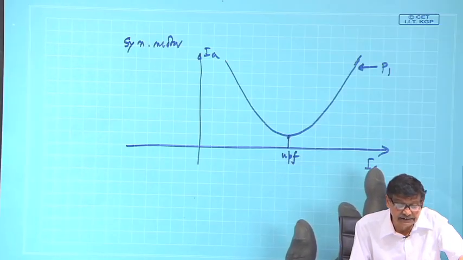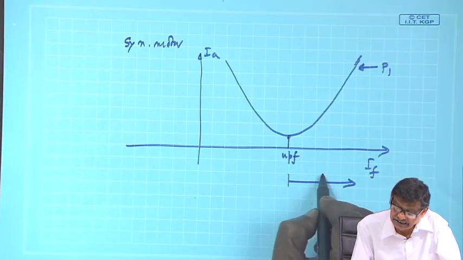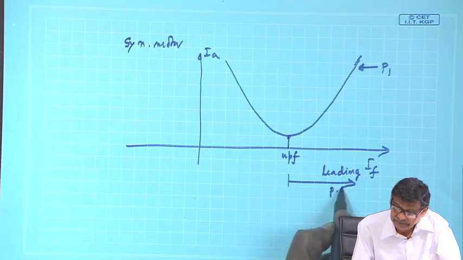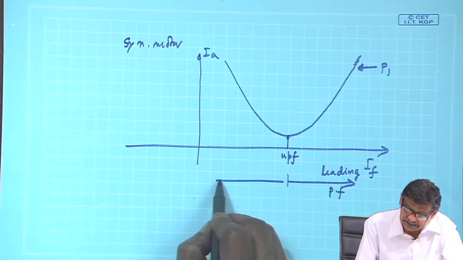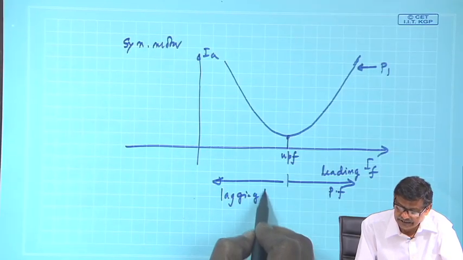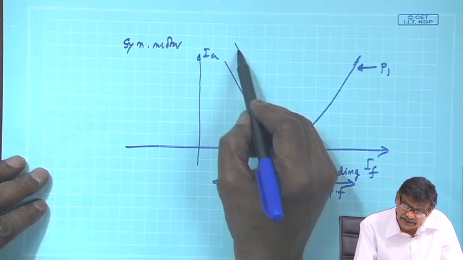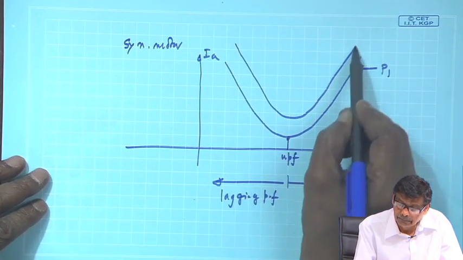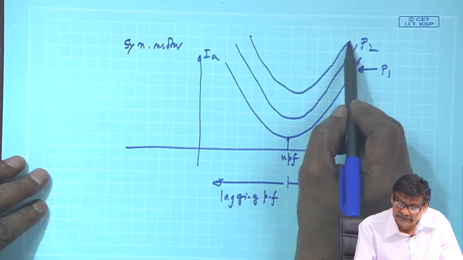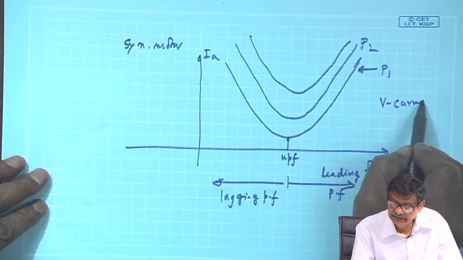Over excitation in this case means leading. So, this side is leading power factor, just opposite to generator, and this side is lagging power factor. And similarly, for several levels of powers one can draw several V curves. So, these are the V curves of the motor.